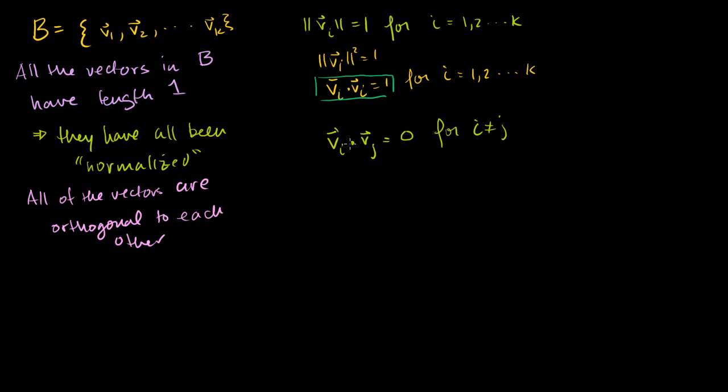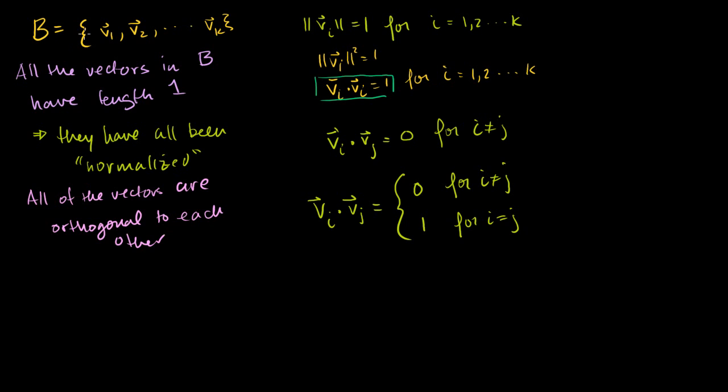If you take a dot product with some other guy in your set, you're going to get 0. Or maybe we can write it this way: vi dot vj for all the members of the set equals 0 for i not equal to j. And if I'm dotting a vector with itself, I'm going to have length 1, so it equals 1 for i equal to j.